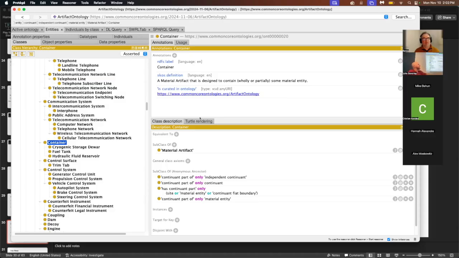Designed is a wiggle word that's used a lot in these definitions. What's going on in the characterization of the definition of container, for example, is that the folks developing it wanted to allow for broken things, things that don't always serve the purpose or function or have the dispositions that we would typically associate with them. This was in the interest of making them more flexible.